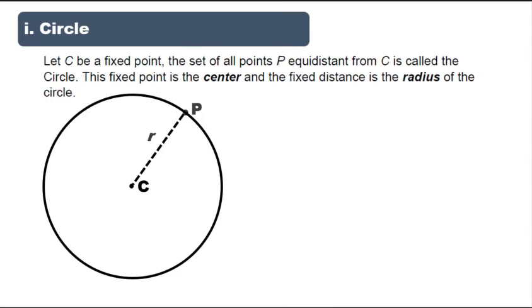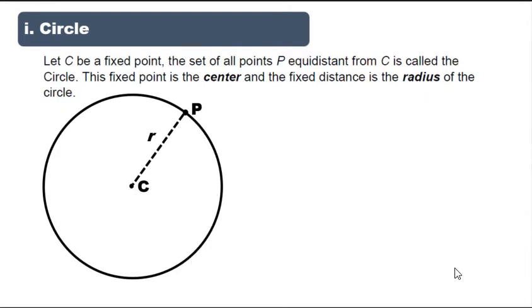So the points that are around this fixed point, which is equidistant from that particular point C, is the circle. And the fixed point is called the center, and the fixed distance from the fixed point to any point on the circle is called the radius.